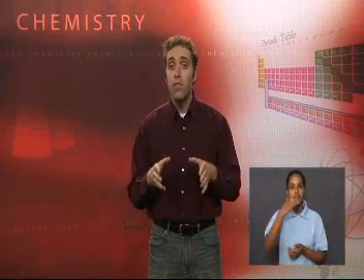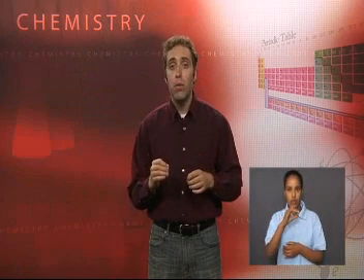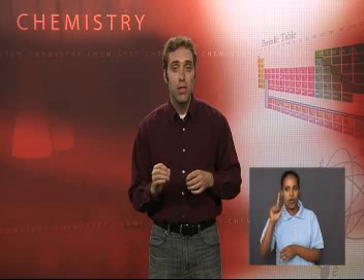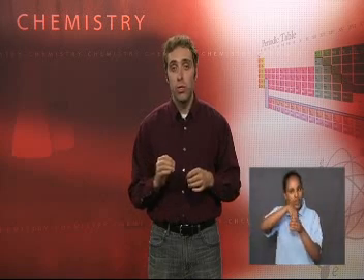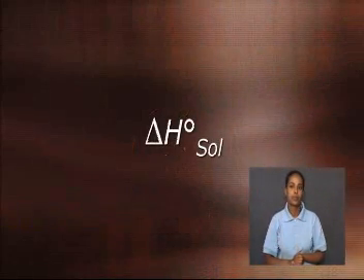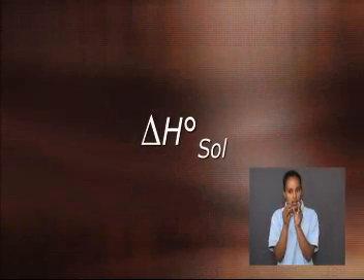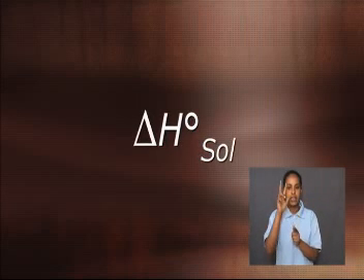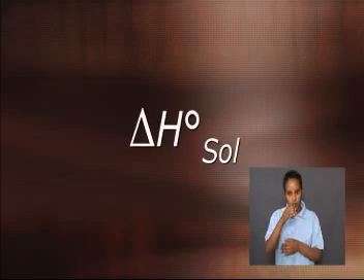The heat of solution is the amount of energy that is needed for 1 mole of a substance to enter the solution. This is the sum of the enthalpies associated with the 3 steps in the solution process.